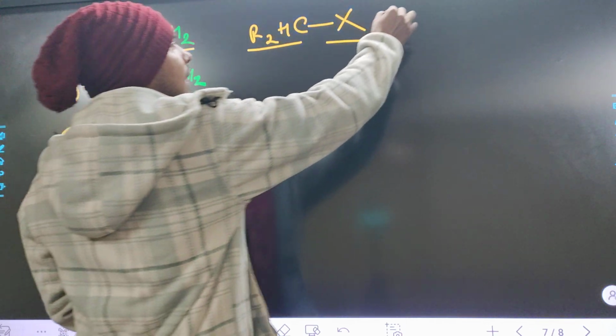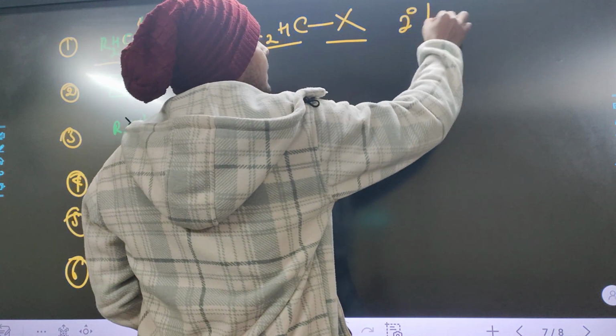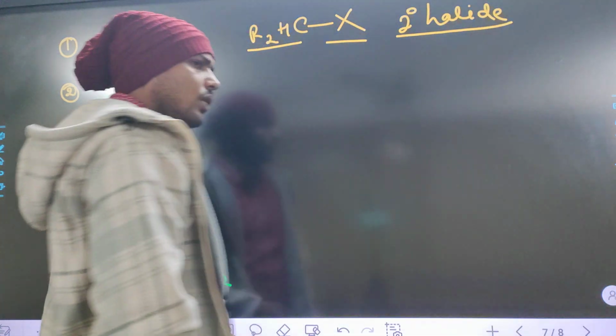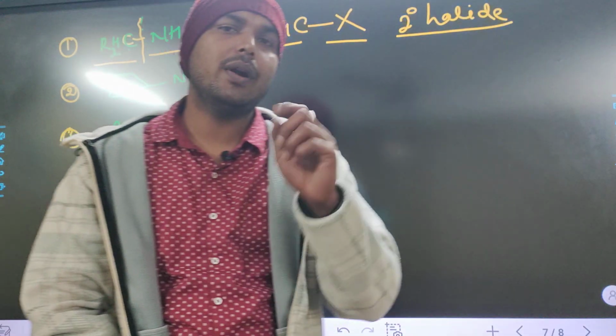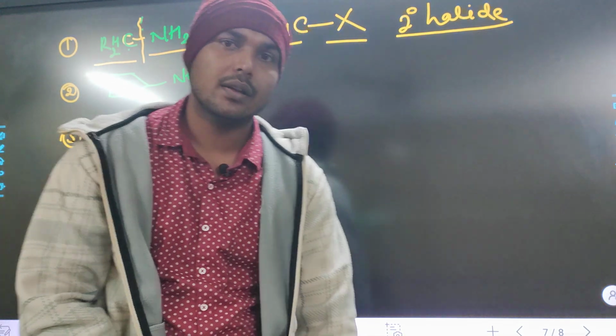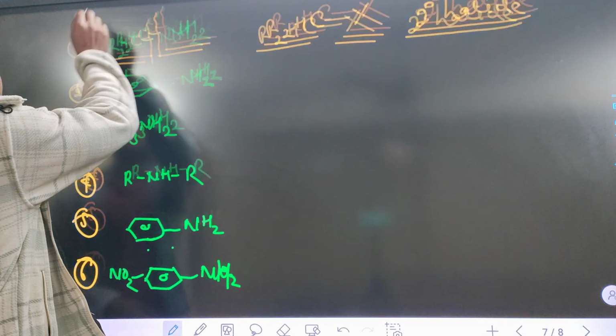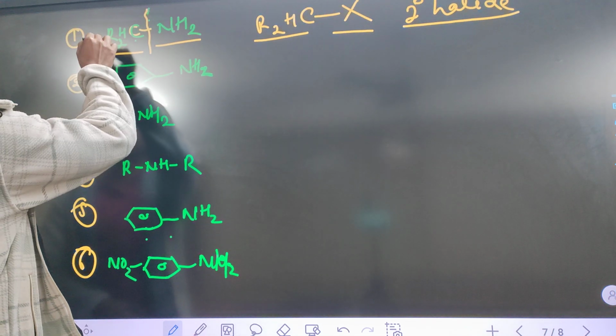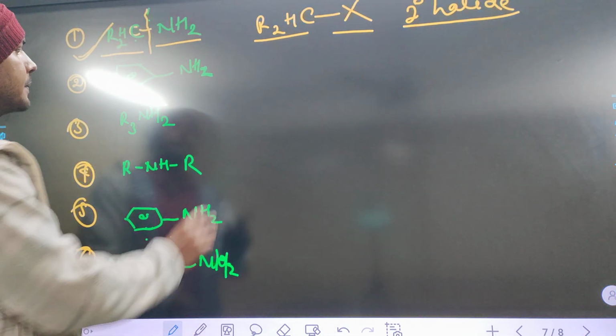This is a 2 degree halide. So we have already discussed that if a 1 degree or 2 degree alkyl halide is there, then the amine can be prepared. So this type of amine can be prepared.